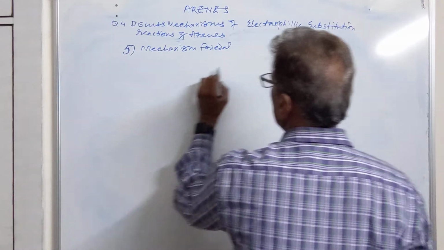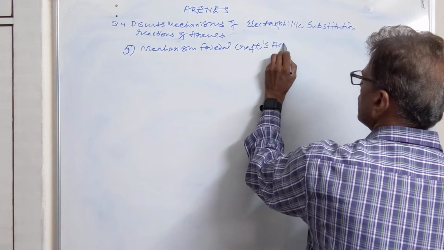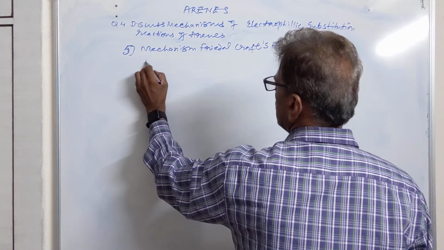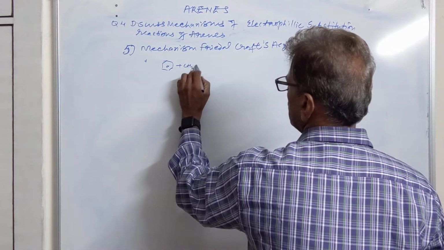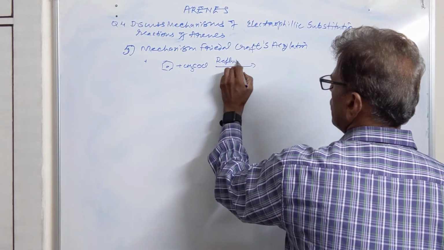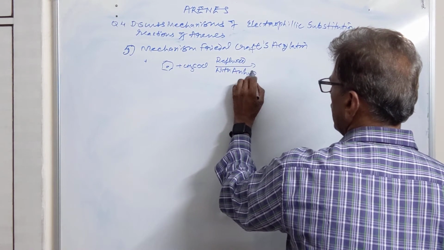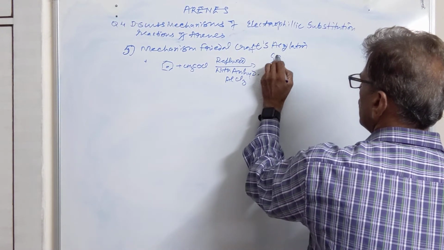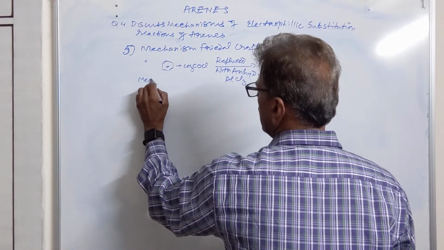This is our fifth mechanism. So first we will be taking the reaction. Benzene combines with CH3COCl, refluxed with waterless anhydrous AlCl3, giving you the product acetophenone plus HCl. Now what is the mechanism of this reaction?